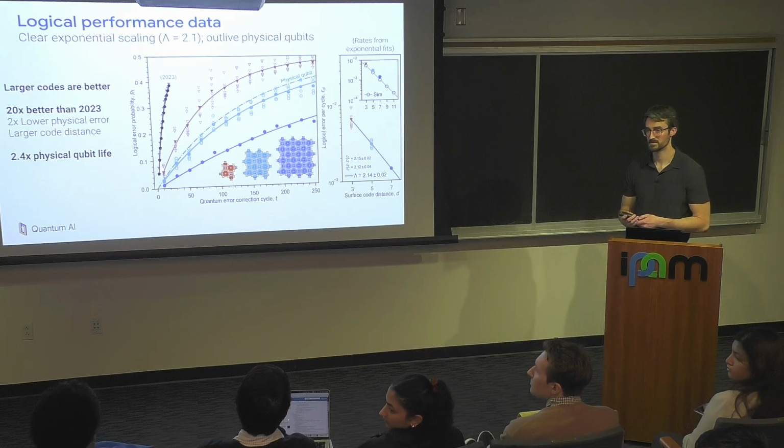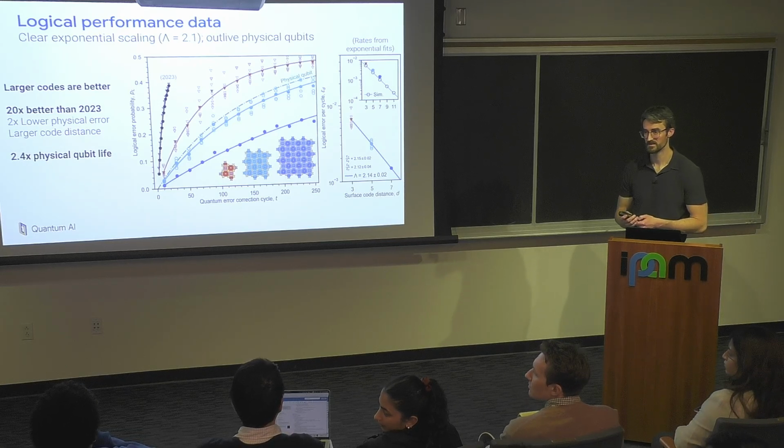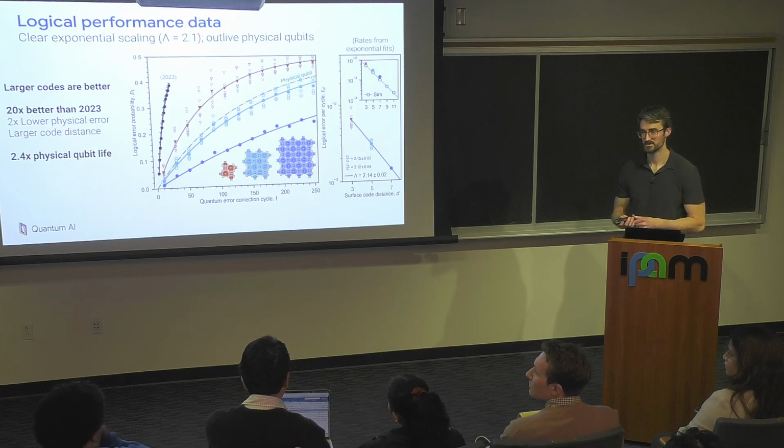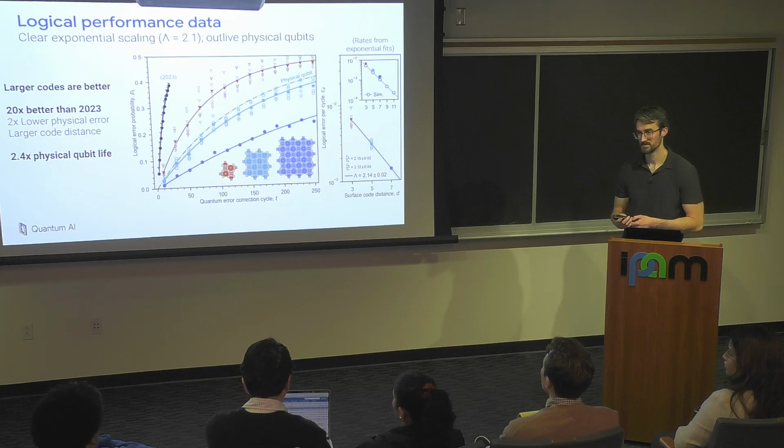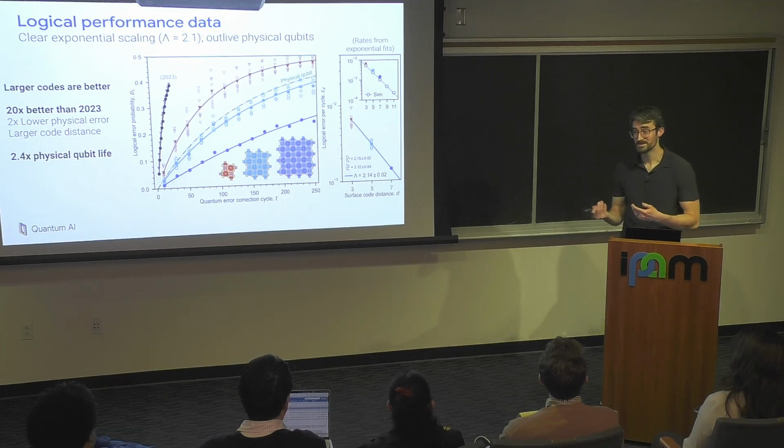Sorry, I just have a really quick question. I was just wondering whether you can use d equals 5 on the d equals 7 surface code and sort of stack surface codes to do transfers and CNOTs or stuff like that? I mean, we can't. Not right now.